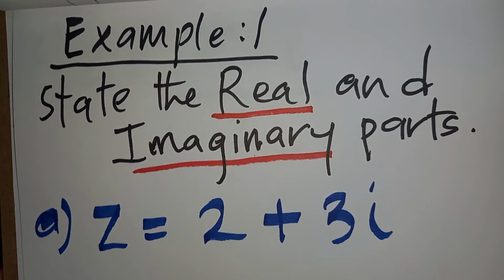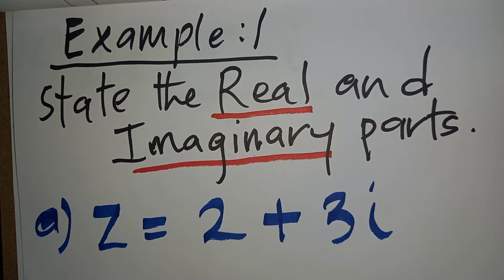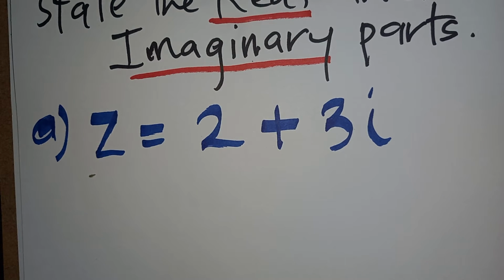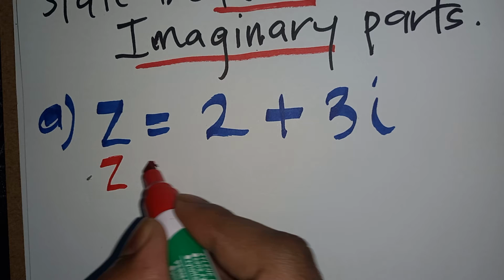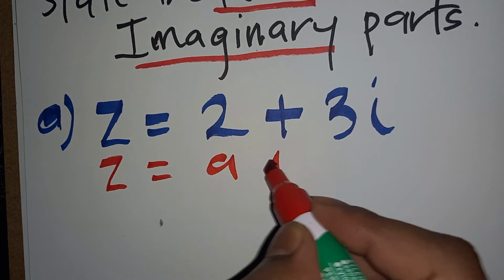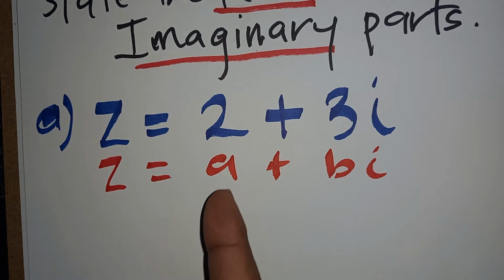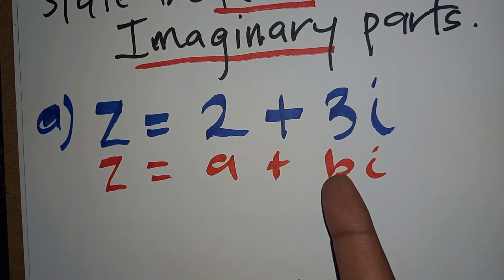In example 1, we have to state the real and the imaginary part, right? So we have the complex number here, z is equal to 2 plus 3i. Now if we write the general form of that, this will be z is equal to a plus bi. Now a we know is the real part and b is the imaginary part.